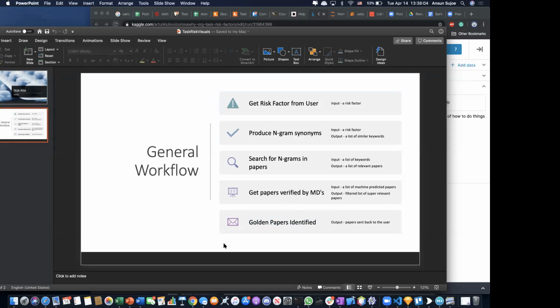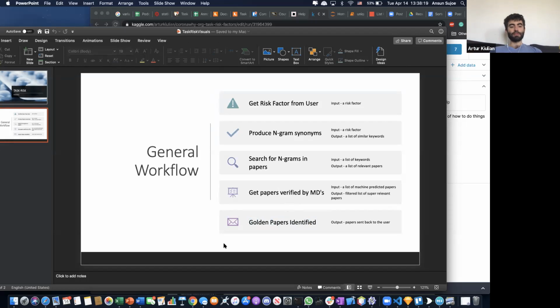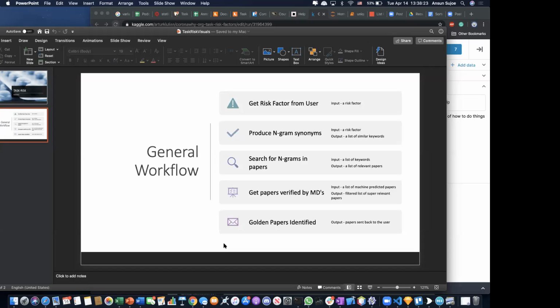So our whole vision is to have a few super relevant papers over just general descriptive statistics. I think Maya explained it as a lot of other Kaggle notebooks just take all the papers that have matches and pull some statistics, dumping the list, and that's it. But what we are trying to do is find, even if it's just the top 10 papers, specific results for doctors to use.